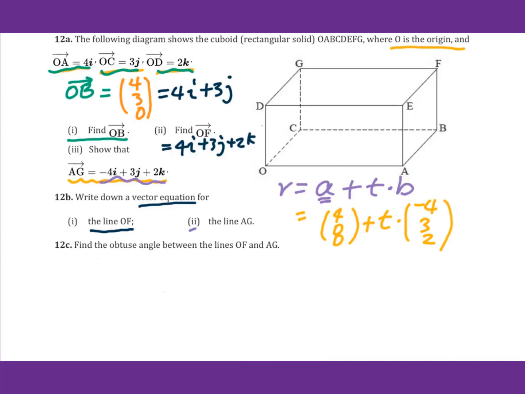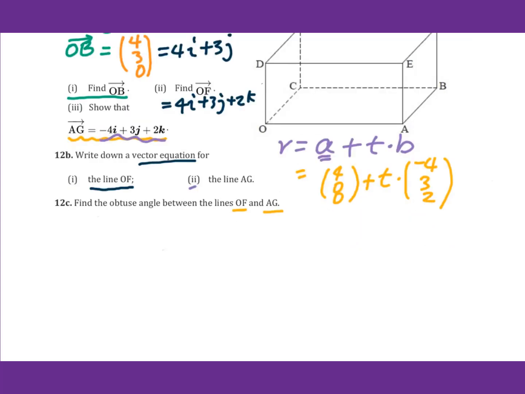For 12C, find the obtuse angle between the lines OF and AG. When you're looking for the angle between two lines, remember we need the direction vectors. The direction vector for line OF is 4, 3, 2. The direction vector for AG is negative 4, 3, 2.